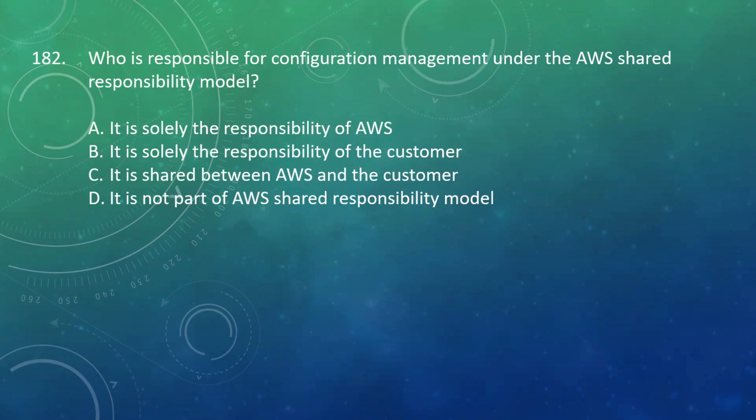Configuration management under the AWS shared responsibility model is shared between AWS and the customer. AWS maintains the configuration of its infrastructure resources, whereas the customer is responsible for managing their own guest operating systems, databases, applications, and so on.